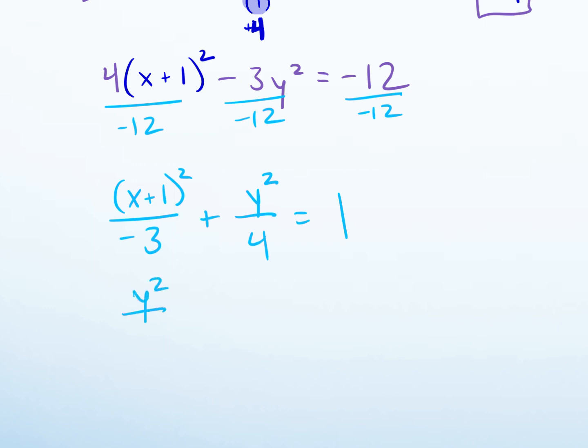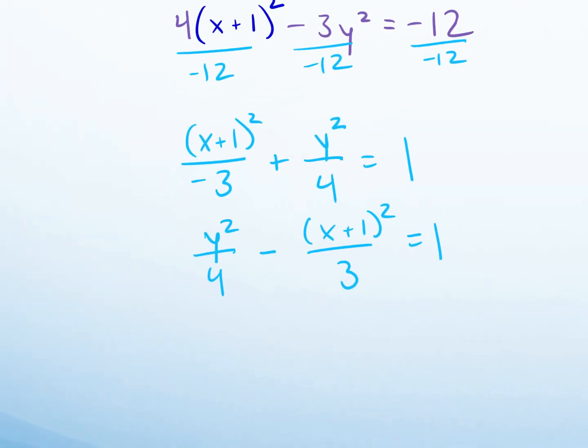So I have y squared over 4 minus (x plus 1) squared over 3. Because this is negative, it's got to come second, just so we have that minus in the middle. So the negative one will always come second. The positive one comes first. So now that y squared comes first, do I have a horizontal transverse axis or vertical? A vertical transverse axis. So my hyperbola is going to look like this.